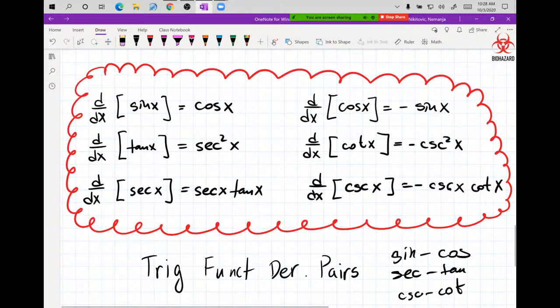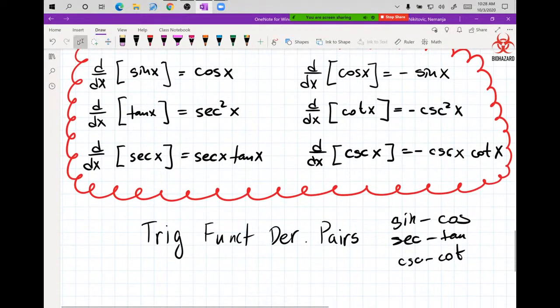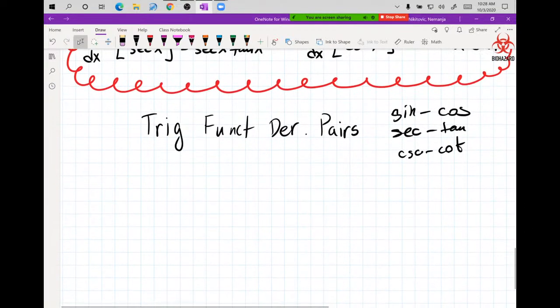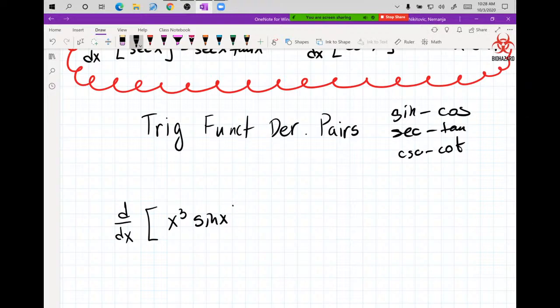So it was very easy for me to memorize them. Okay. The use of this should be clear. You are going to have a problem which asks you to compute the derivative of x cubed times sine x.